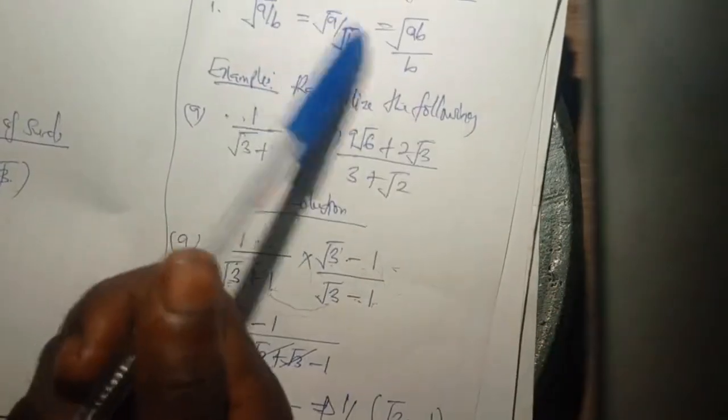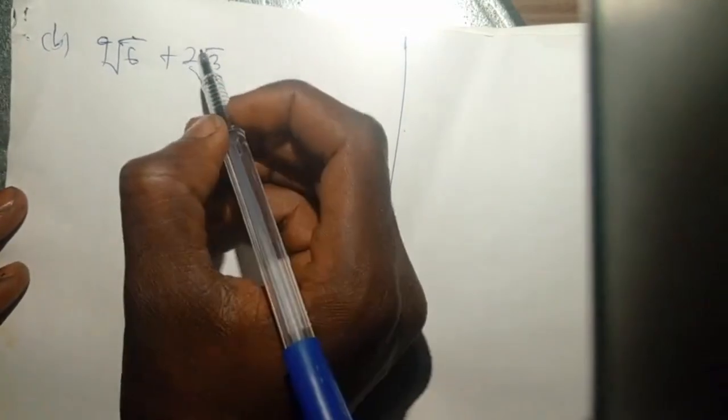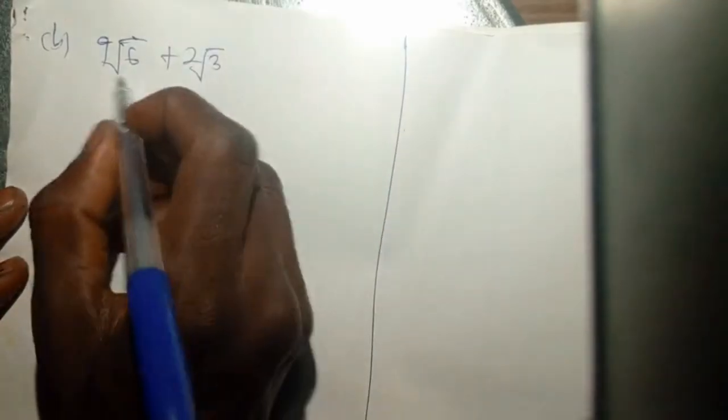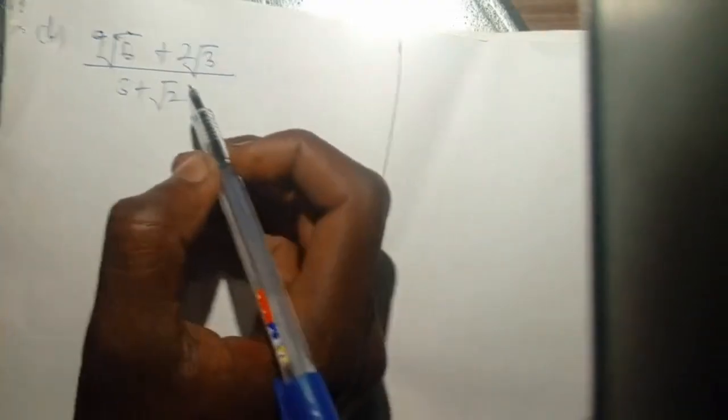Now B is 9 root 6 plus 2 root 3 all over 3 plus root of 2.